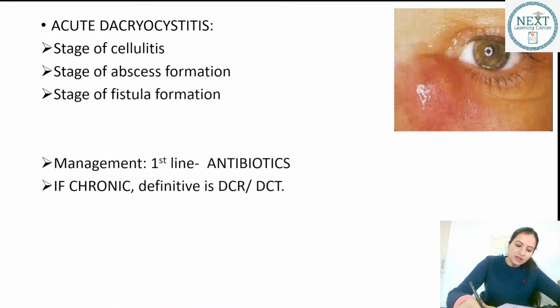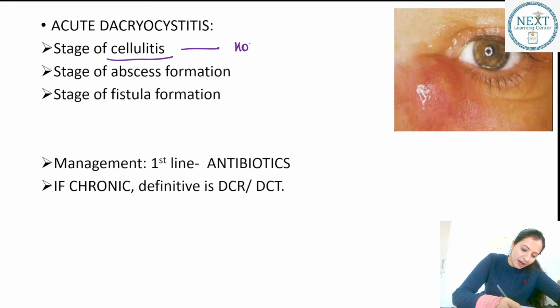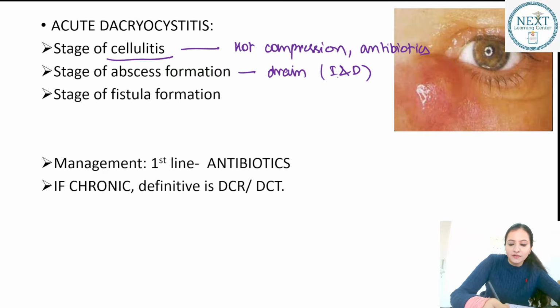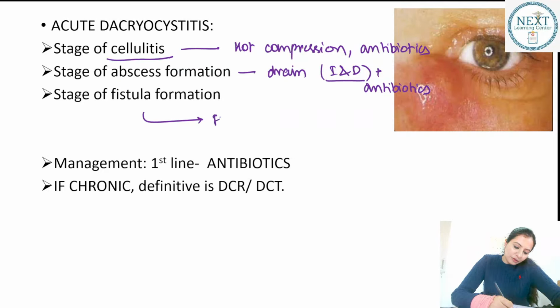Talking about acute dacryocystitis, you can have the stage of cellulitis, which is treated via hot compression and antibiotics. If there is abscess, you have to drain. Basically, I and D, incision and drainage of the abscess, is done again along with the antibiotics. And if there is fistula formation, you have to go for fistulectomy followed by DCR.